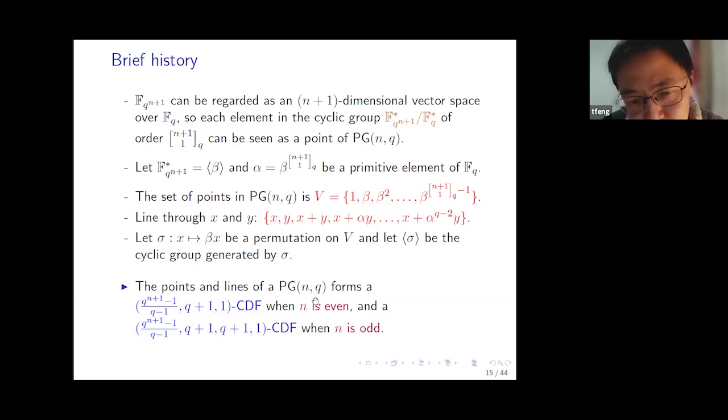According to whether n is even or odd, it forms this parameter CDF or that parameter CDF. I will omit the details of how to construct it. I list it here; if someone is interested, you can see the slides later.